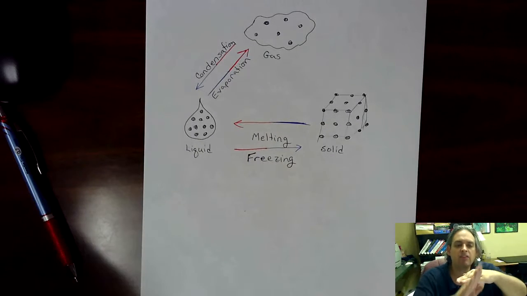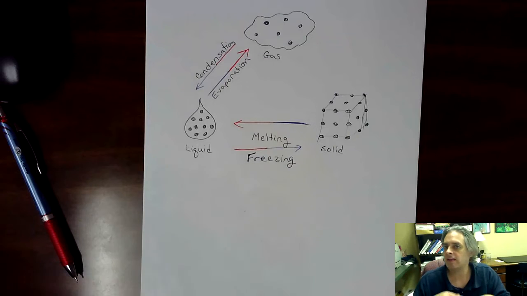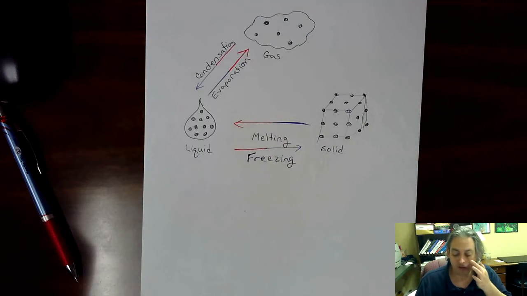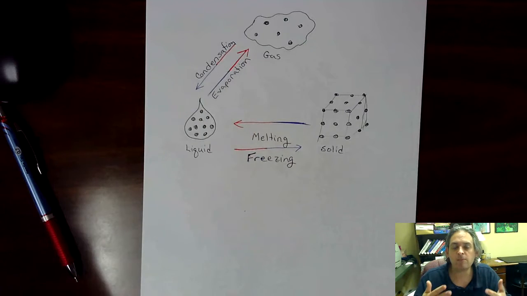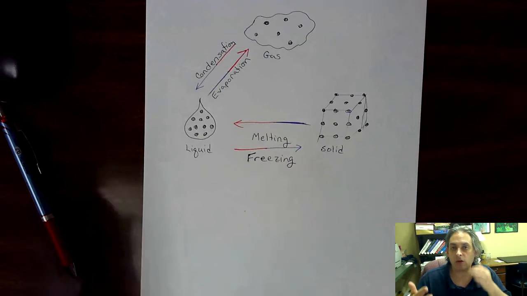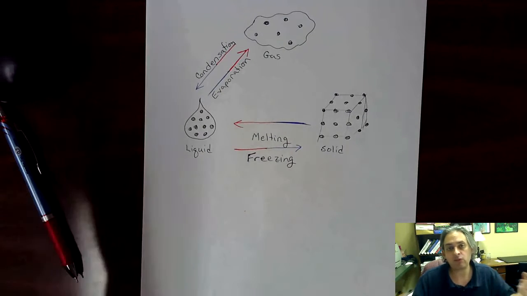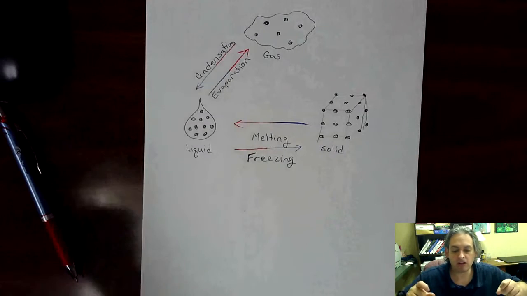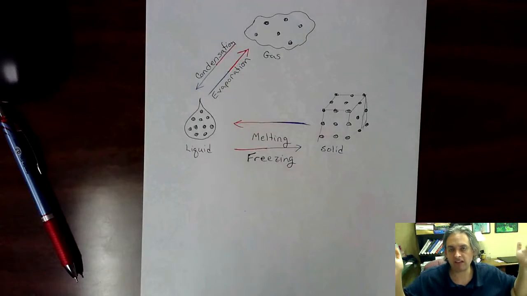They go past the surface and into the gas phase. Not all the water molecules do it all at once, but some of them do. So over time, more and more water molecules will leave the liquid phase and go into the gas phase. And if it's outside in an environment, those gas molecules float off into the air.